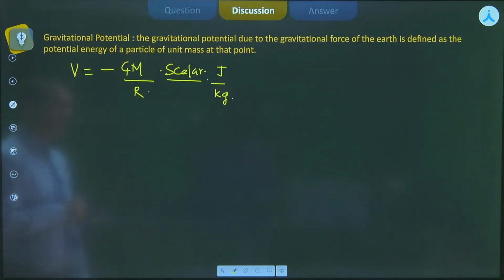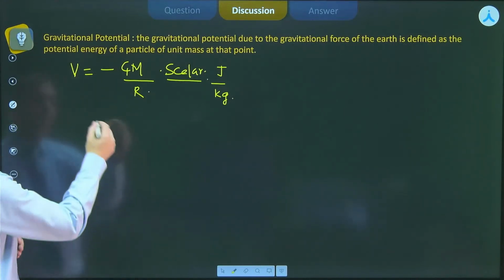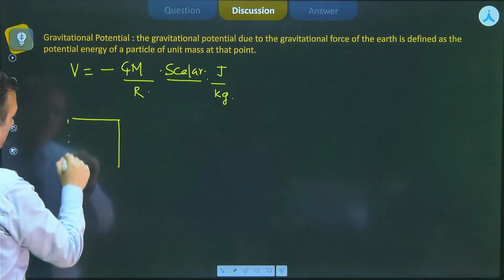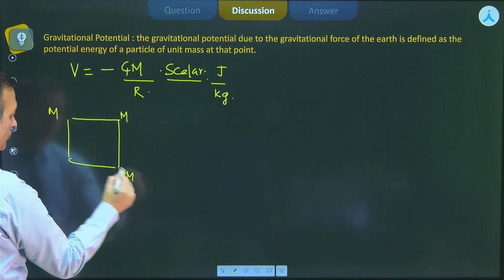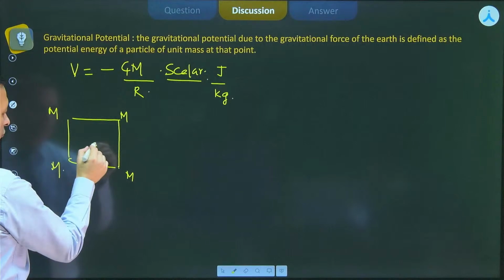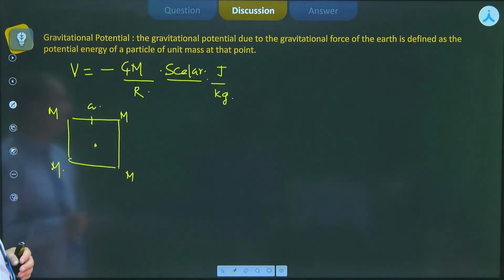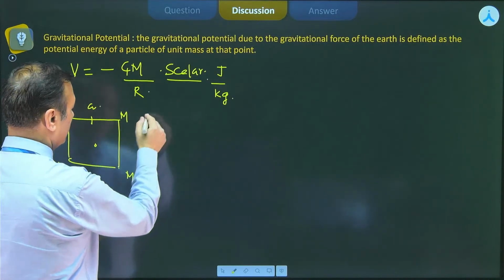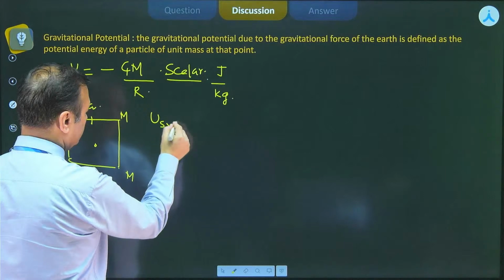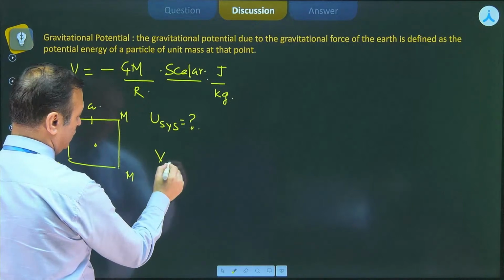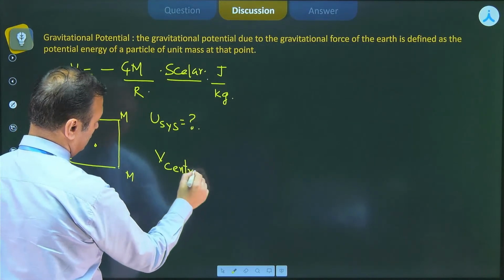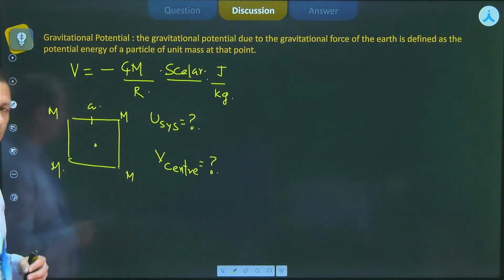Now, if I ask you one very fine question, this is a square and we have a configuration of 4 masses. So find the potential energy of the system and the gravitational potential at the center of the square.